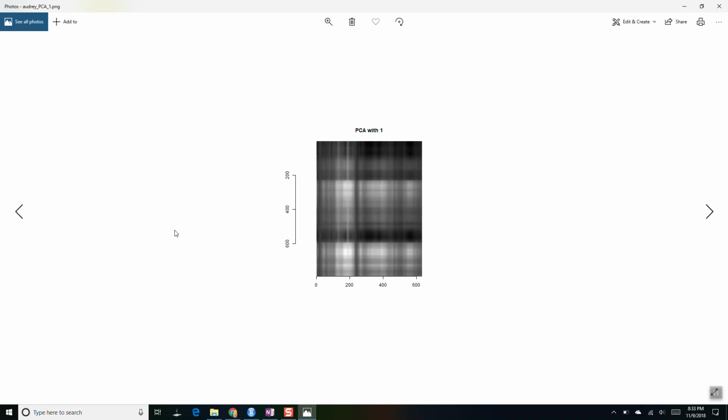If you only keep one principal component, you lose a lot of the structure of the data. You can't recognize what this is. If you keep two principal components, we're keeping a little bit more data, and with three, we're starting to be able to reconstruct some of the variation that exists.